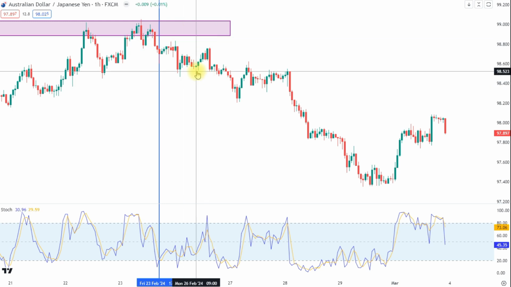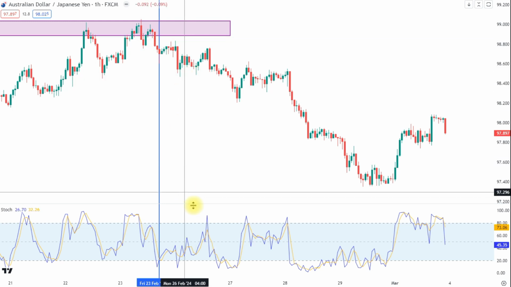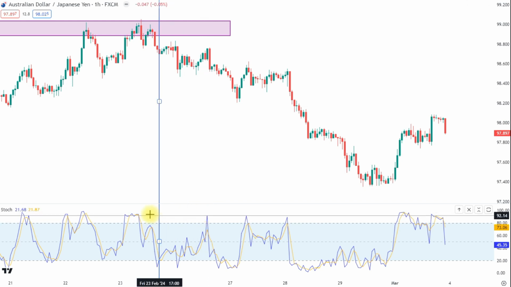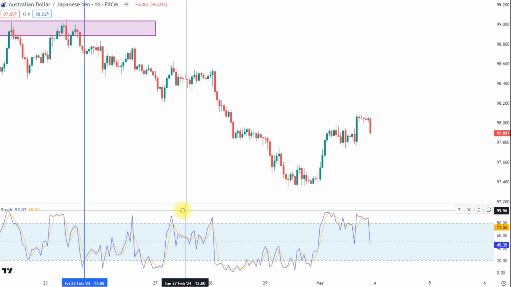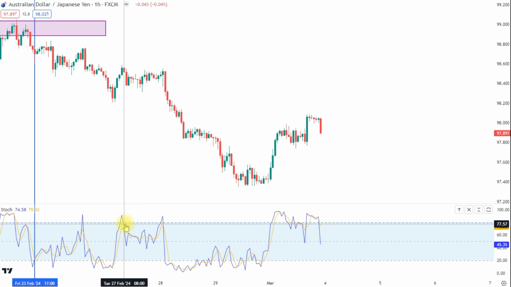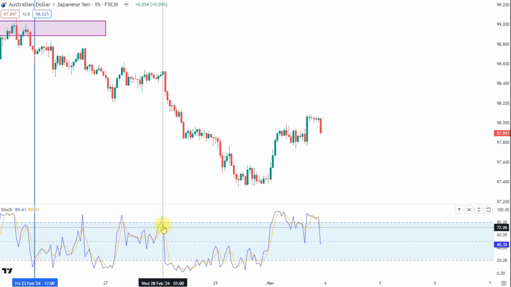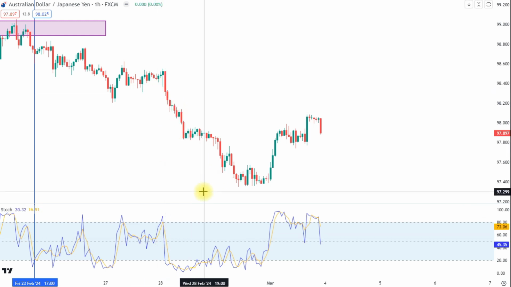So from here we look for trade opportunities now above the 80 line when the blue line dives below the orange line, but here we see no interactions above the 80 line. This is barely a signal. I think it's a little below, but here we see the crossing is slightly above the 80, so this is a possible trade, and we see this one would have worked really well.